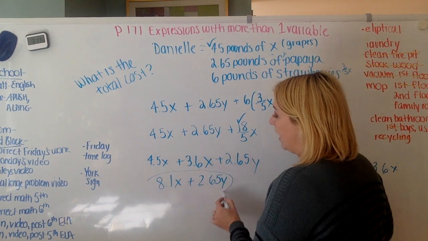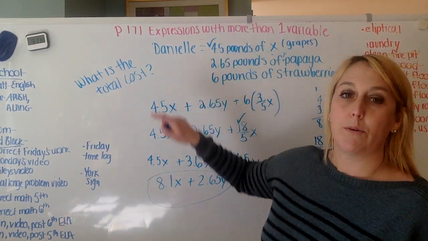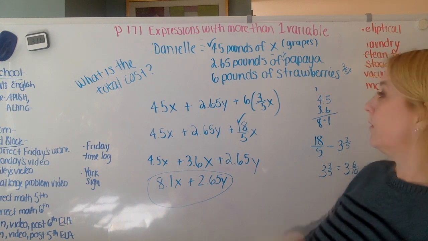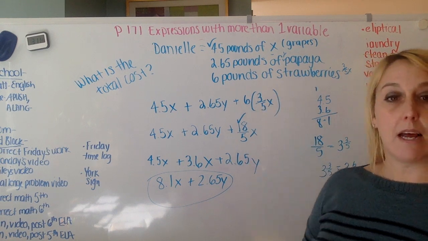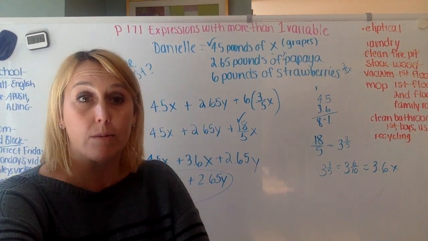That would be my final answer of what was the total cost in Danielle's grocery purchase written as an algebraic expression. All right, now you're going to be doing some Ed Puzzle work.